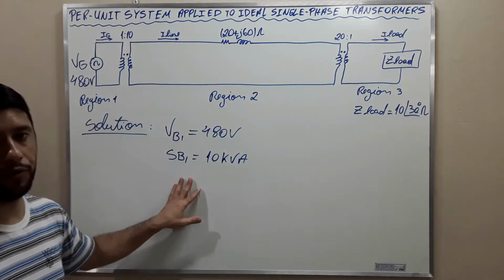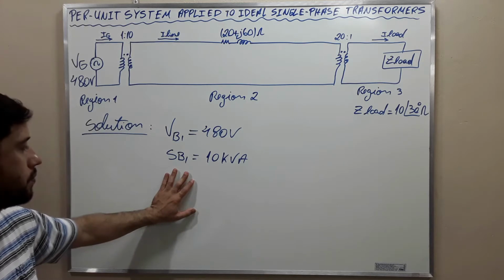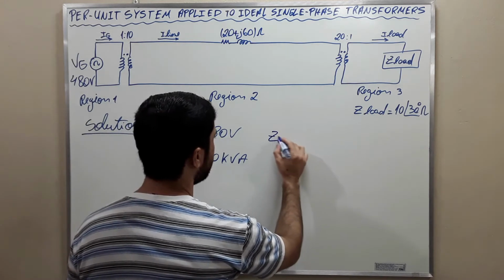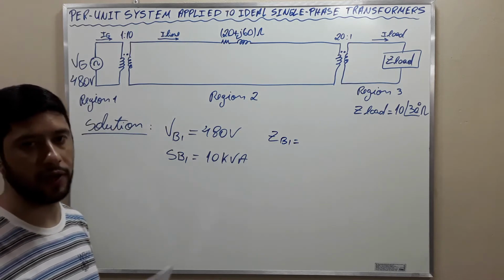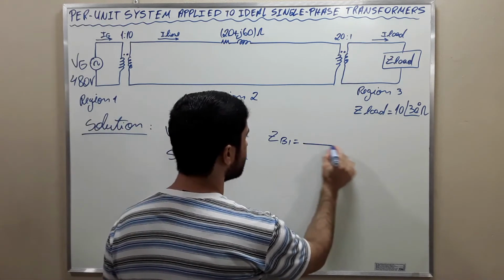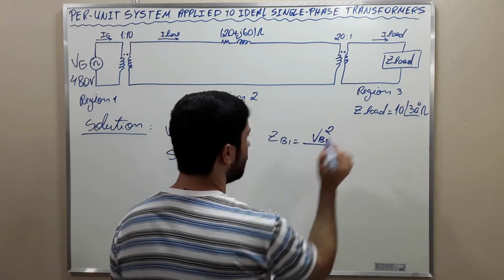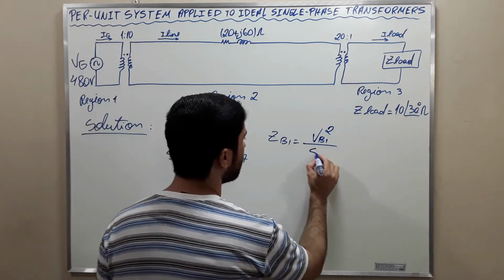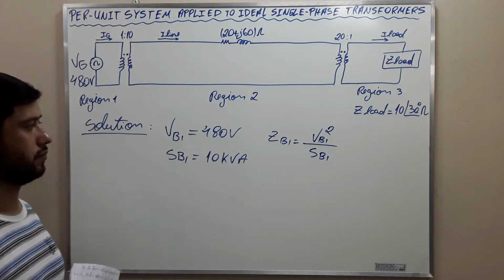Now we need to find the base value for the impedance, ZB1. And how are we going to calculate this value? We're going to use this expression: VB1 squared divided by SB1.